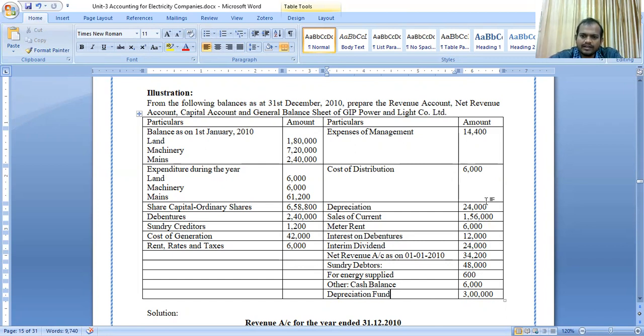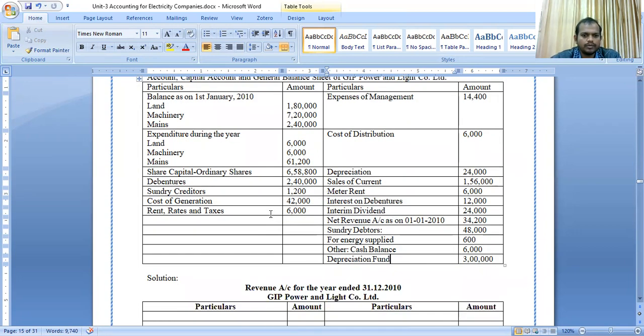We'll just create a depreciation fund and mention it in the liability side. That is the treatment for depreciation as we discussed so far. Okay, let us solve this problem.